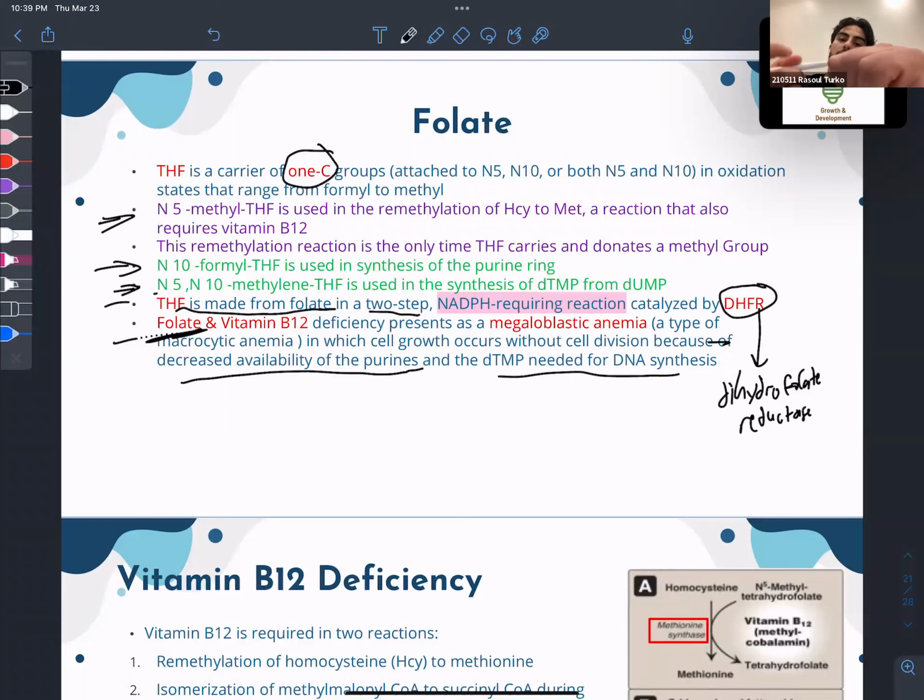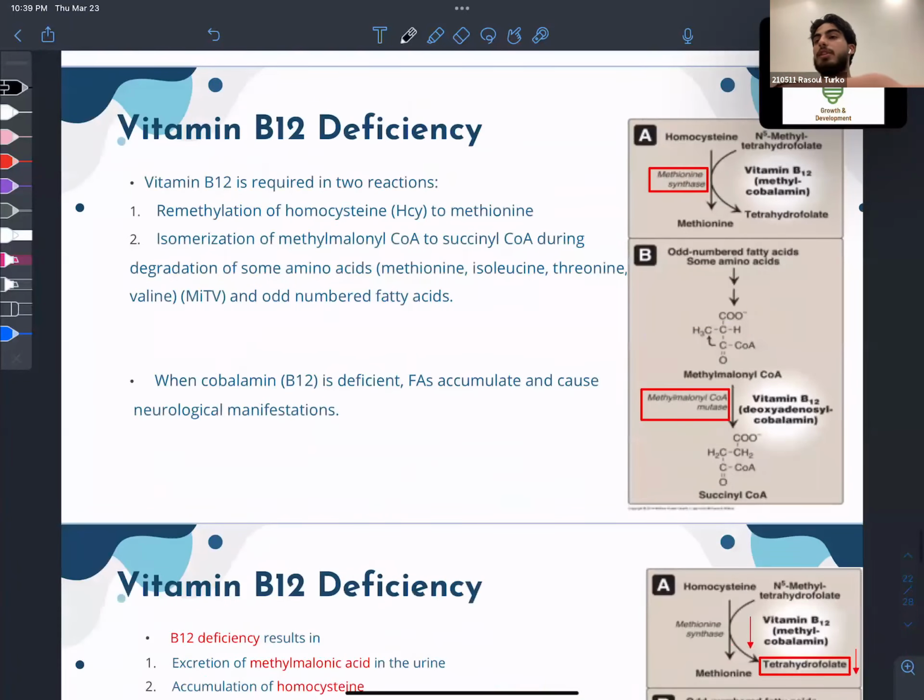Okay, so all you have to know is folate and vitamin B12 deficiency gives us a megaloblastic anemia. Okay, now if you talk about vitamin B12 deficiency only, we'll have different symptoms and diagnostic features.